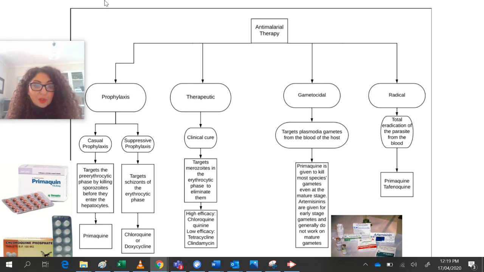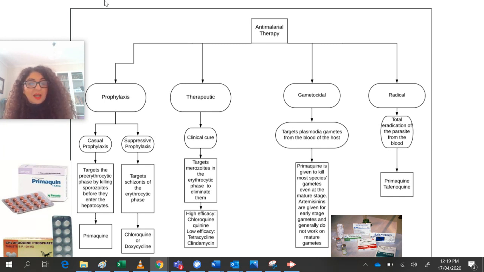Now, if we're looking for a radical solution, something to completely eradicate the parasite from the blood, then primaquine, again, is also a very good type of antimalarial drug. And you've also got things like tafenoquine that can help in eradicating the parasite.